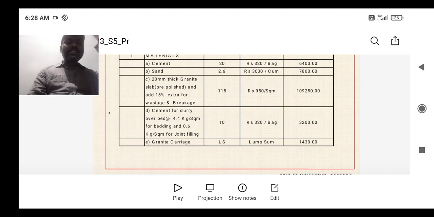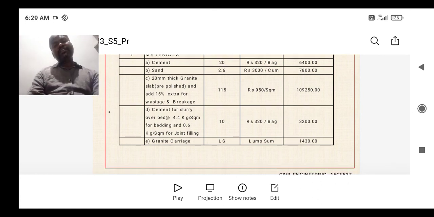The present starting rate of granite is nowadays 53 to 55 rupees; we are taking here 950 per square meter. Rupees 950 per square meter multiplied by 115 is 1,09,250 rupees, around.